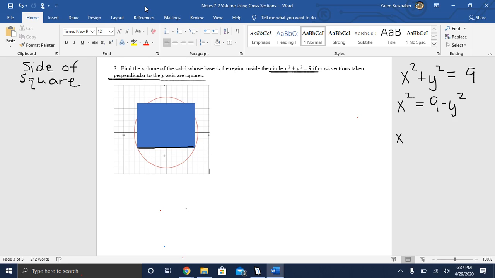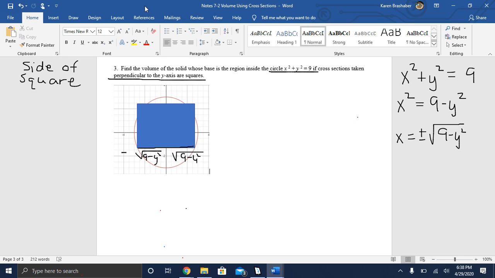We'll do the square root of each side. We'll get plus or minus the square root of 9 minus y squared. So if we think about it, the right part of that square that I've drawn would be the positive root, 9 minus y squared, and the left side would be the negative root of 9 minus y squared.